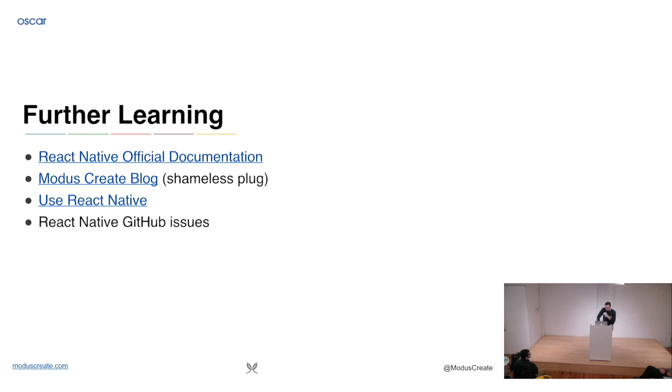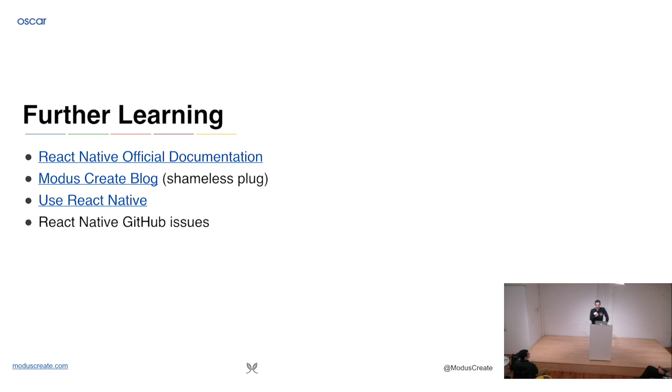Further learning, the places I like to go for, other than my own book, for learning about React Native: their official documentation has recently got revamped a good amount. It's gotten a lot better, especially the Android part. Before there were a lot of discrepancies between the two. Now it's gotten a bit better. Shameless plug, the Modus Create blog.